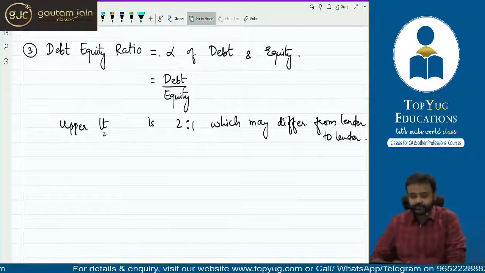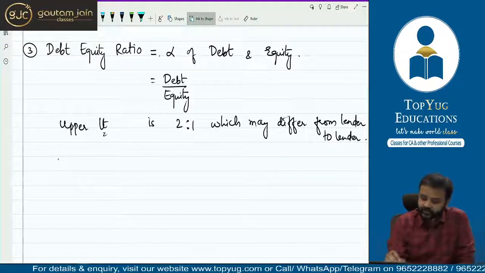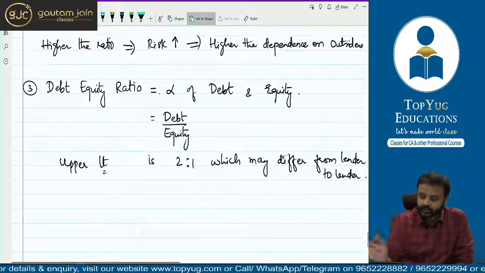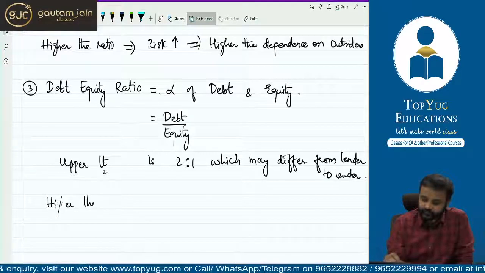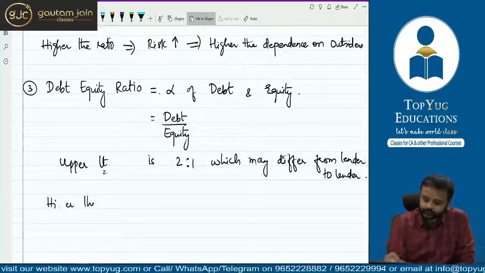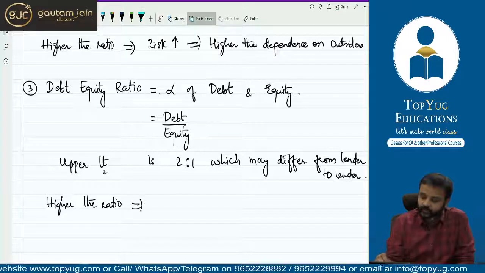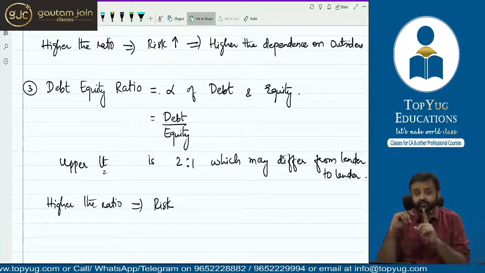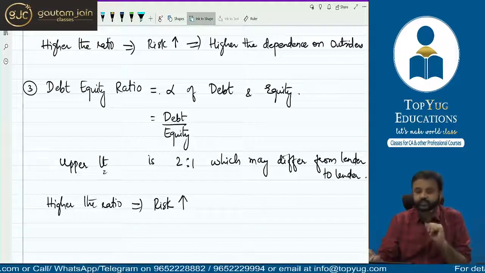Now tell me, if this ratio is higher, same way as we have gone earlier, higher the ratio implies what? See, debt is in the numerator, so obviously higher the ratio means debt is more. So if debt is more, risk is more.